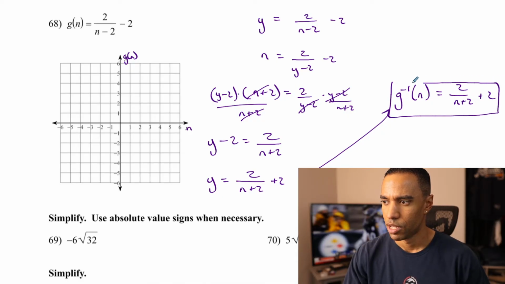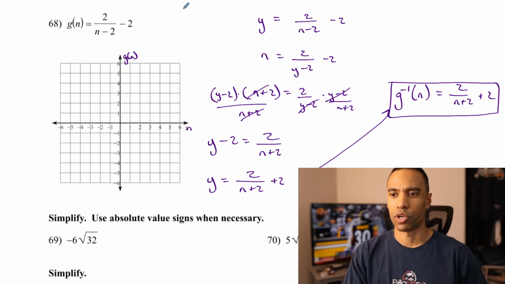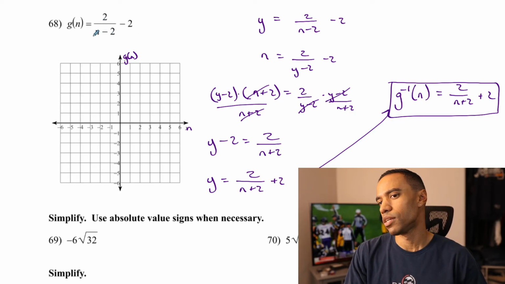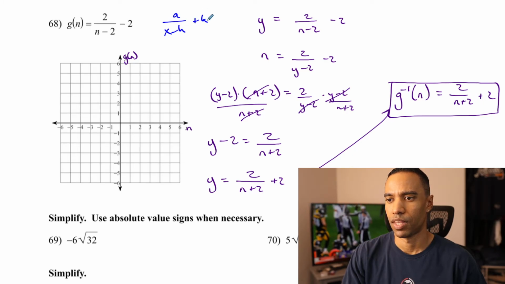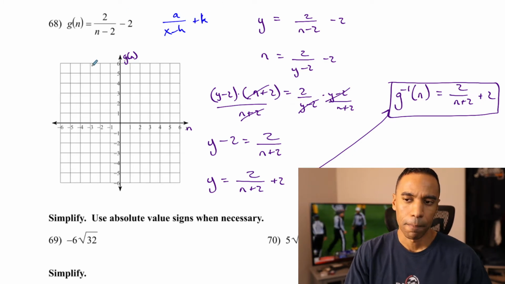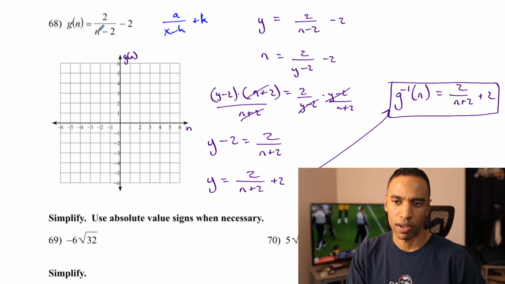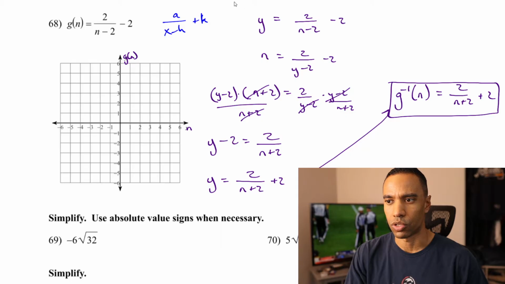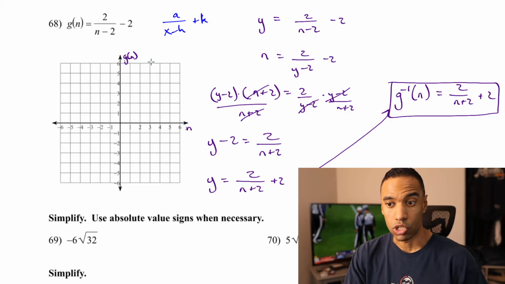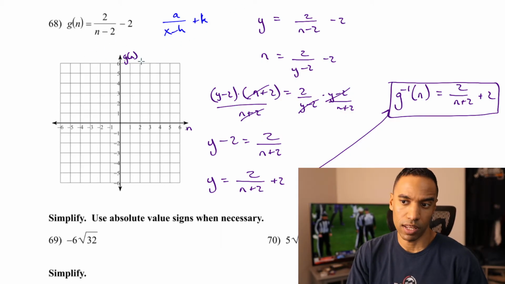Okay, there's the inverse. Now let's graph them both and kind of see what's going on here. So this one has, this is the a over x minus h plus k form. And I'm going to graph it with that in mind. So my vertical asymptote, and I know this isn't quite the unit that we're on right now, talking about rationals, but it's here.